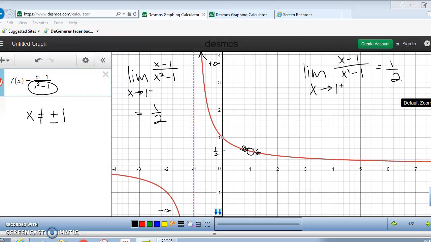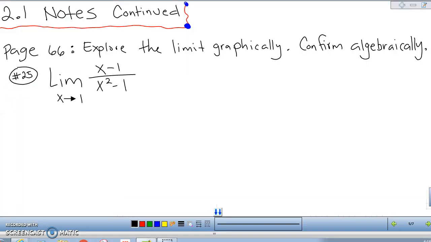Now, how are we going to do this algebraically? To do this algebraically, we have to do direct substitution. Okay, so there's a problem here.